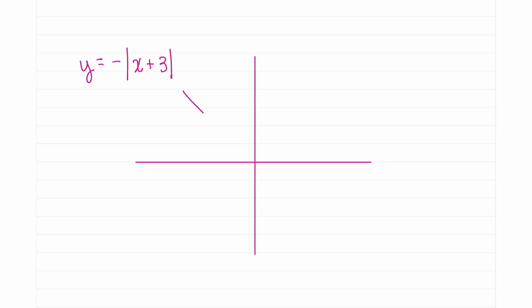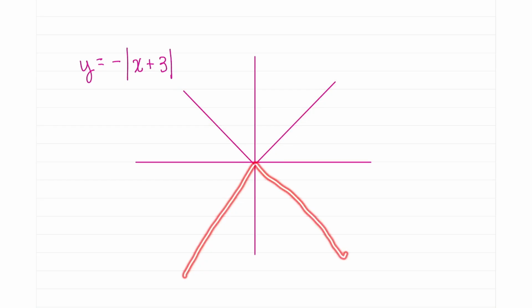We can go to our absolute value parent function here and apply our translations. Since we are going to reflect this about the x-axis, our graph is going to go from looking like this to looking like this.